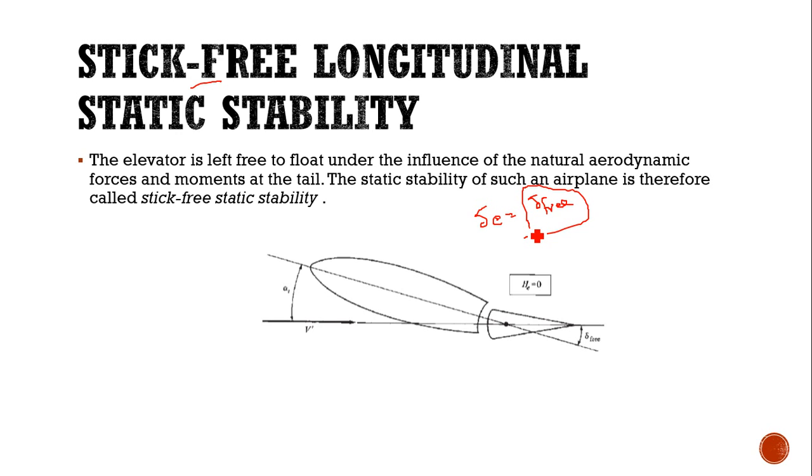So when the aircraft is pitched to some position, the elevator is also moved to some position. At that time the angle is called del free, and it automatically balances the airplane in a statically stable condition.